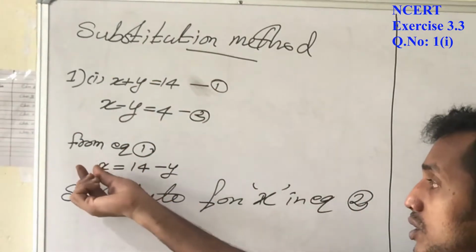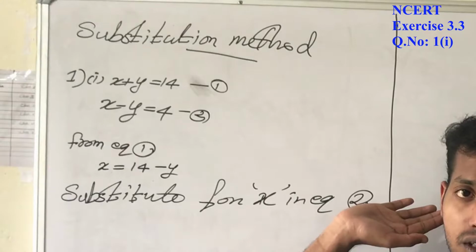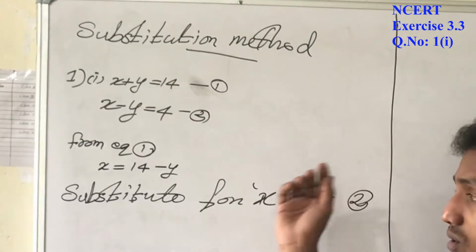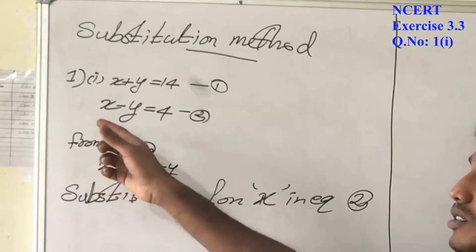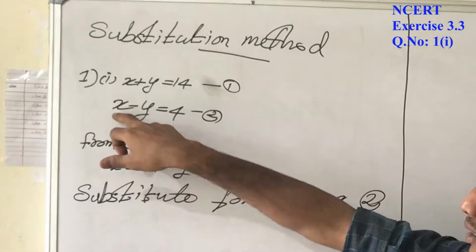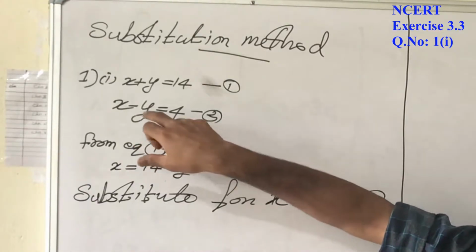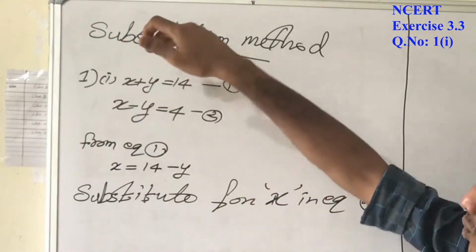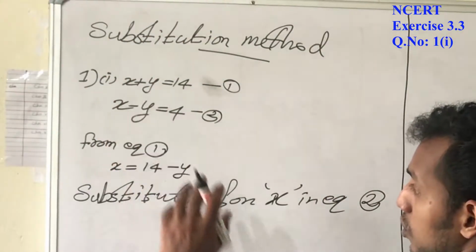Then I have to substitute that value of x in equation 2. Clear? I am not supposed to substitute in the same equation itself. So from whichever equation you have written the value, you need to substitute that value in the other, second equation. Suppose I write x equal to 4 plus y from equation 2, then I have to substitute that value of x in equation number 1.